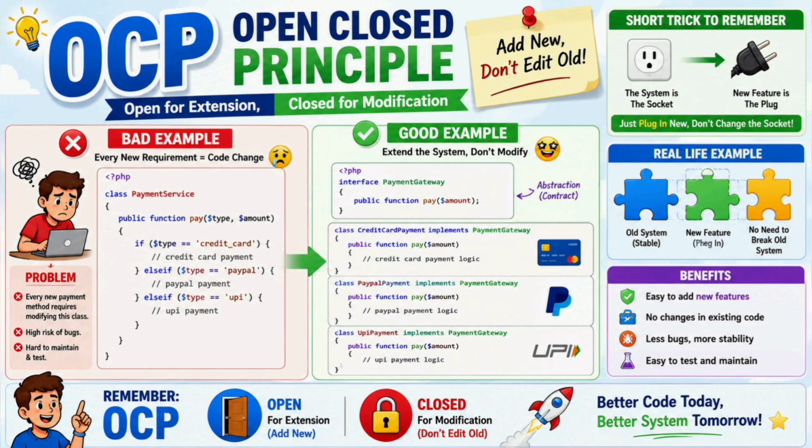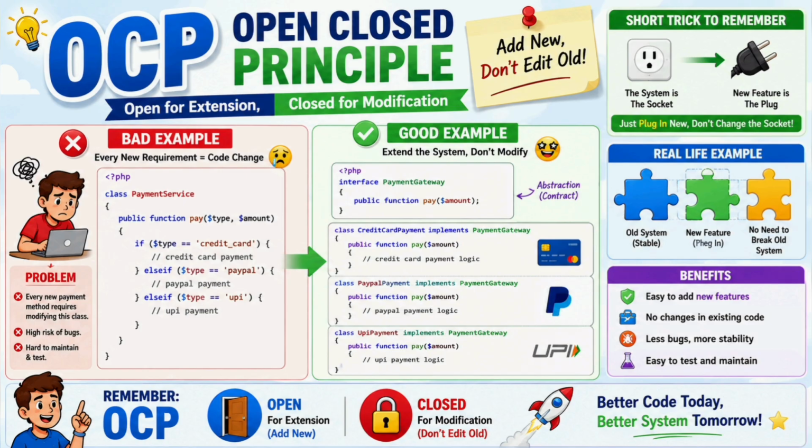So in this way, if in future we have to develop a new payment gateway like PhonePe or Google Pay, we just create a new class and implement PaymentGateway, without disturbing the existing classes. Existing code untouched. So easy example: phone charger, you don't replace the phone, you only plug in another charger. Memory trick: add new, don't edit old.